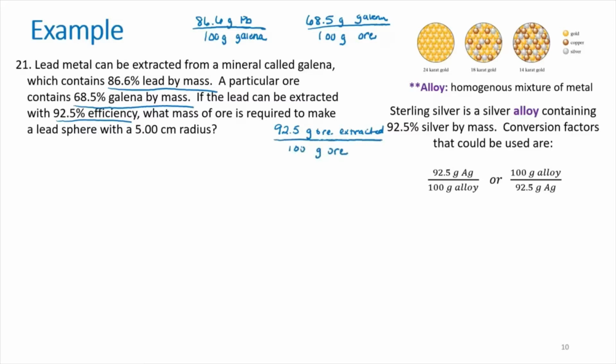So if I have a 100 gram sample of the ore, I'm successfully able to extract 92.5% of that, so 92.5 grams. That other 7.5 grams is just wasted or lost.